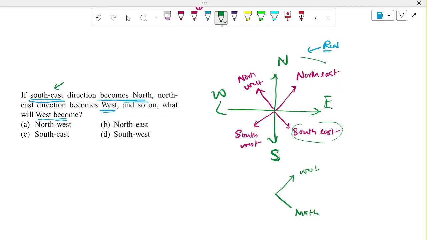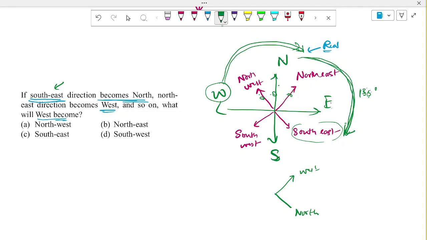You see, they have rotated it around 135 degrees. See, this north has come till here, and then this west has come here. Means one, two, three. There are three directions crossed by this one in the clockwise direction.